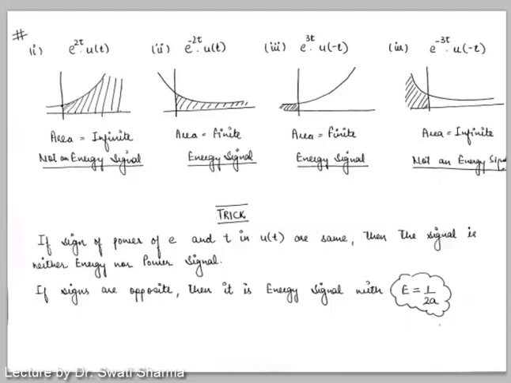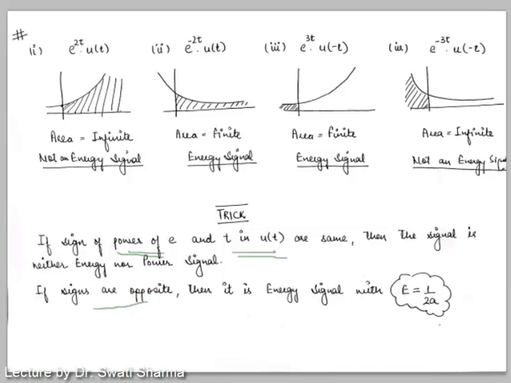You need to look at the sign of the power of e and the sign of t in u of t. If both the signs are the same, then the signal is neither energy nor power. Whereas if the signs are opposite, one positive and the other negative, then it is an energy signal.